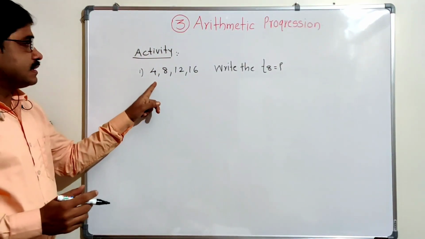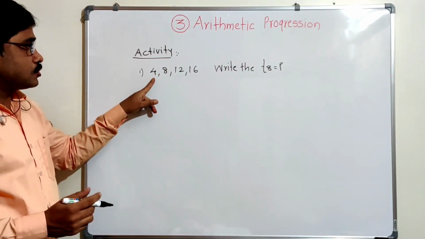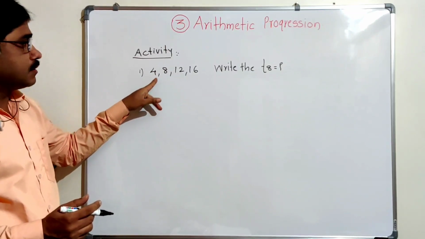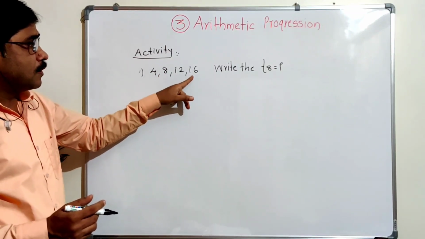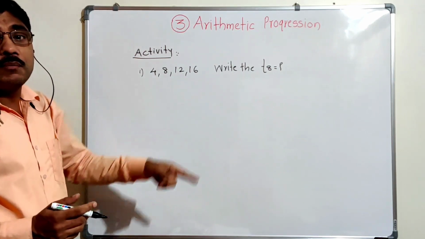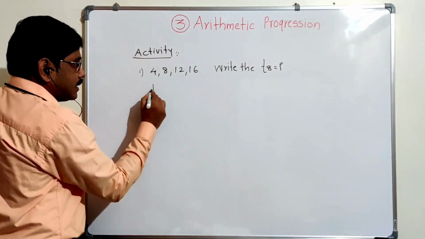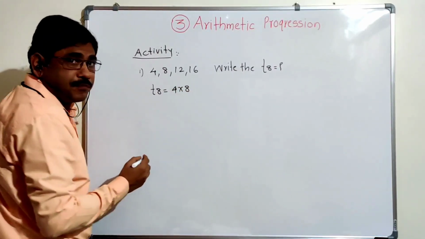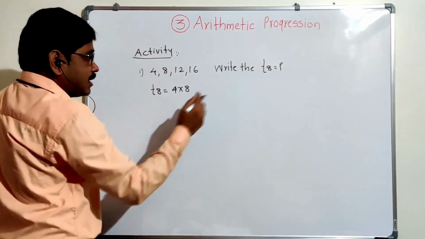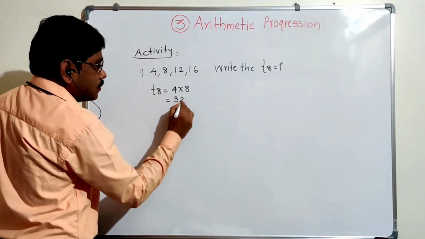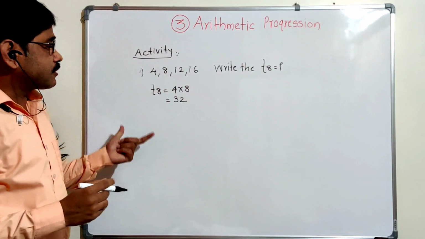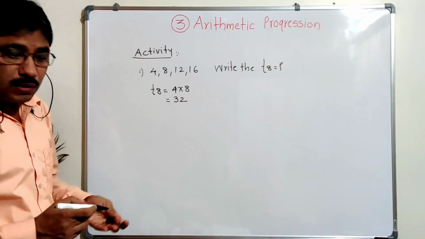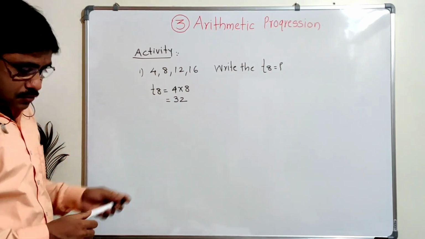Here find the relation: 4 into 1 position, 4n. n is equal to 1: 4 into 1, 4 into 2, 4 into 3, 4 into 4, means 4 into the position. Therefore T8 is equal to 4 multiplied by the position. Position means term number. So we get T8 is equal to 32. In this sequence, this type of question may be asked for 1 mark only: T8 is equal to so and so.